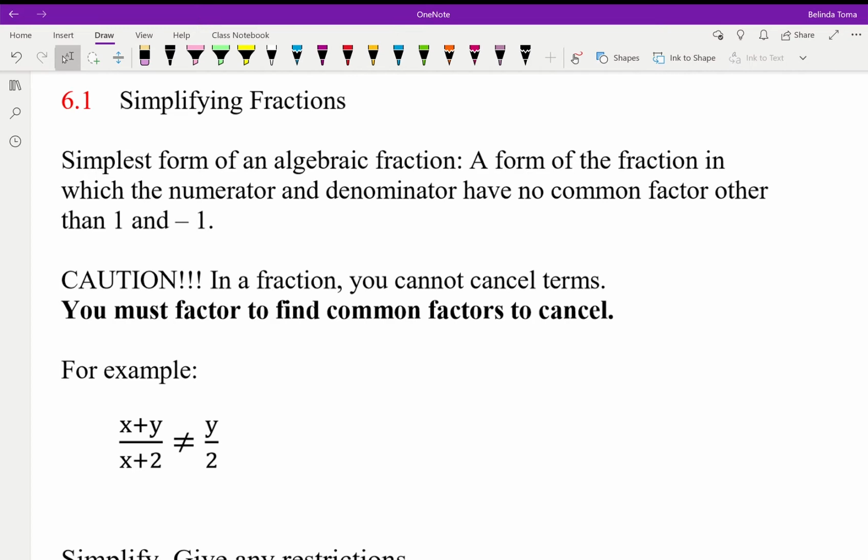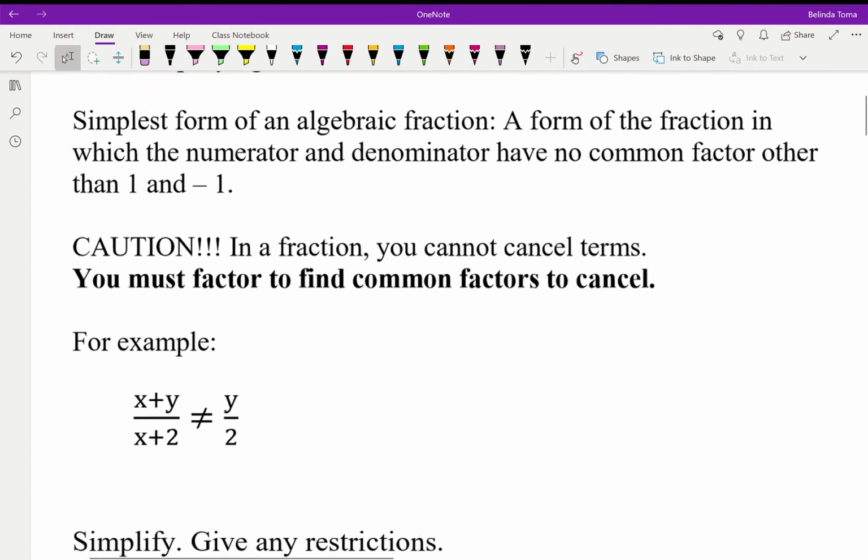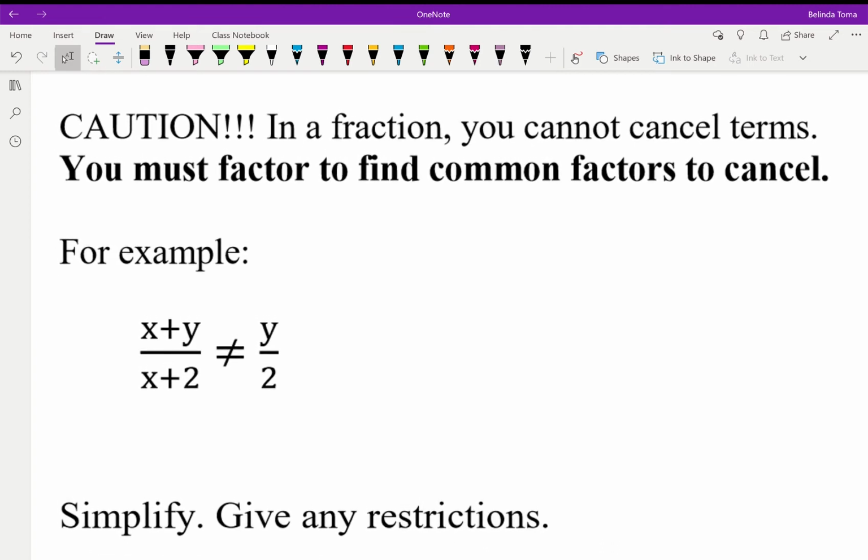cancel. So, for example, if you have x plus y over x plus 2, you cannot cancel the x and the y because there's addition in between. This is often easier to illustrate with a number example so that you can clearly see.